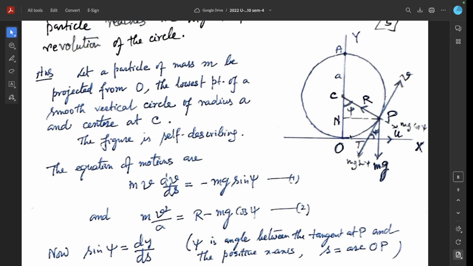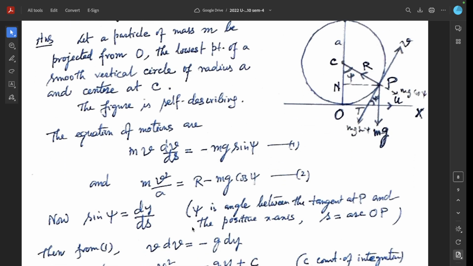This equals R, and this direction is the increasing direction of psi. So the PC direction is the positive direction, and R is in the increasing direction of psi. The component mg cos psi is in the negative direction, so minus mg cos psi.